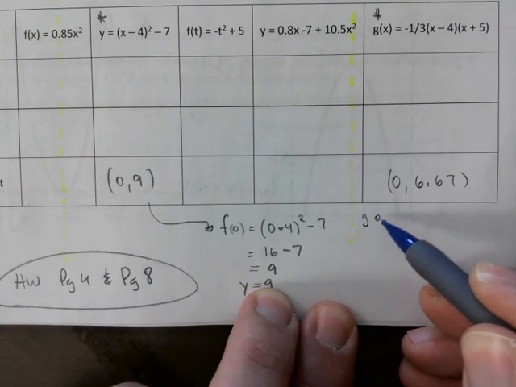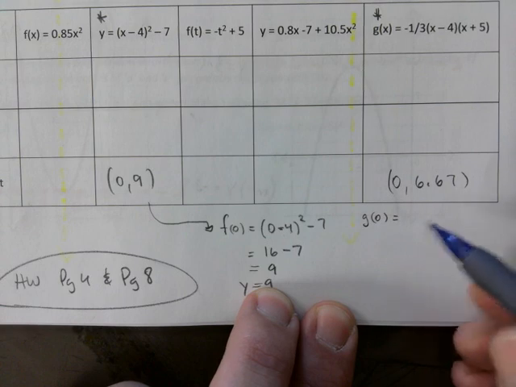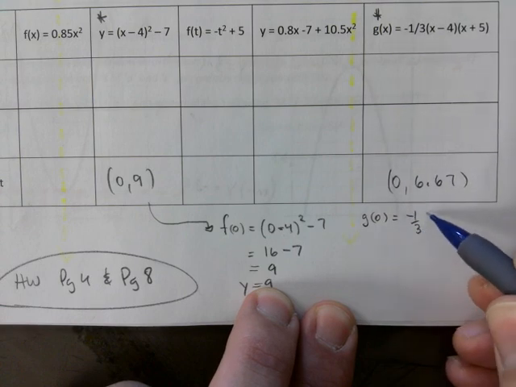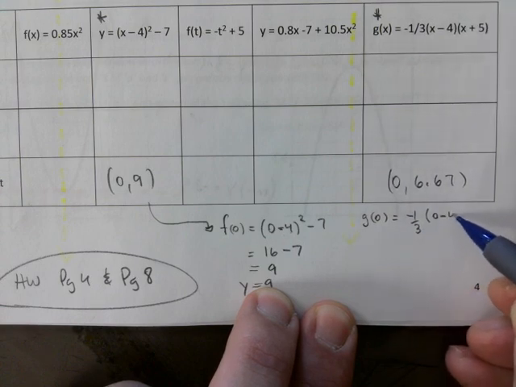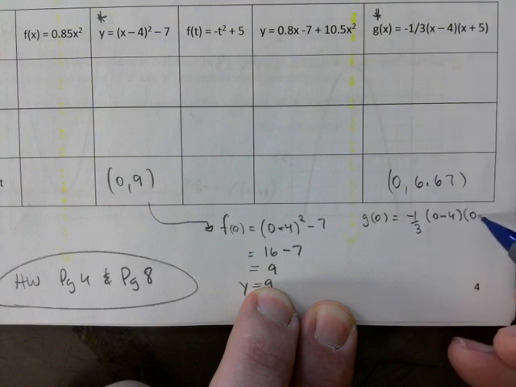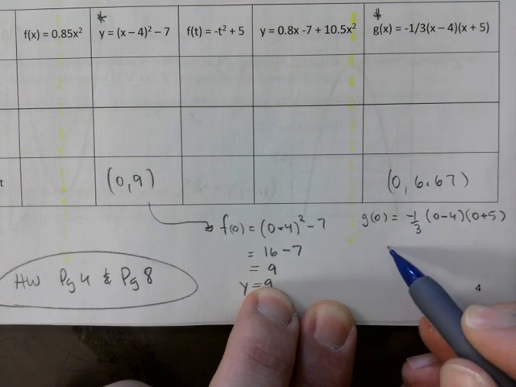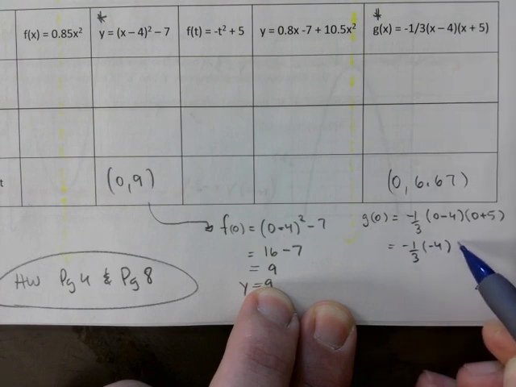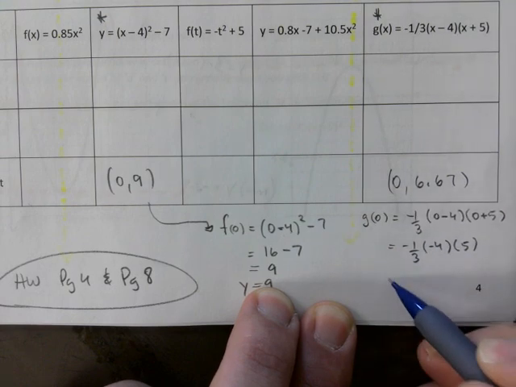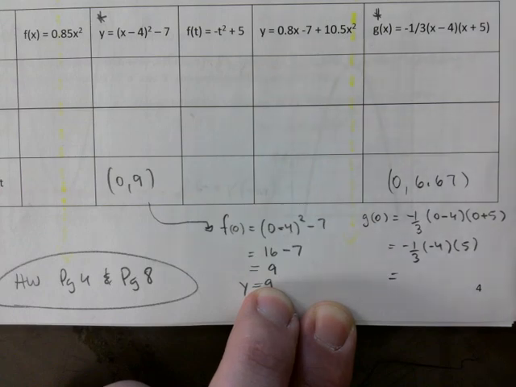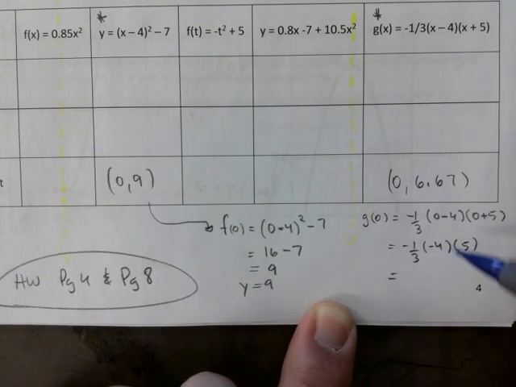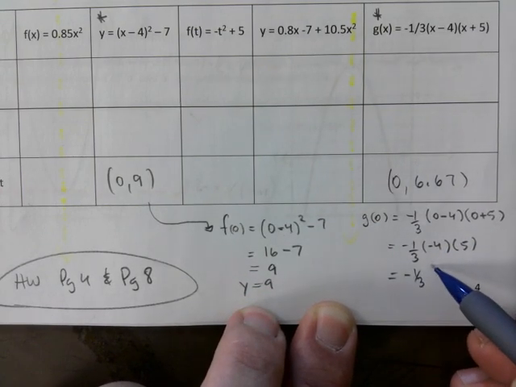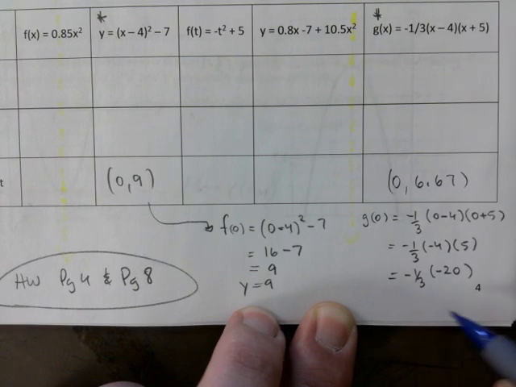So g of 0 is -1/3 times (0 minus 4) times (0 plus 5). And that'd be -1/3 times -4 times 5. And so that would be essentially -1/3 times -20.